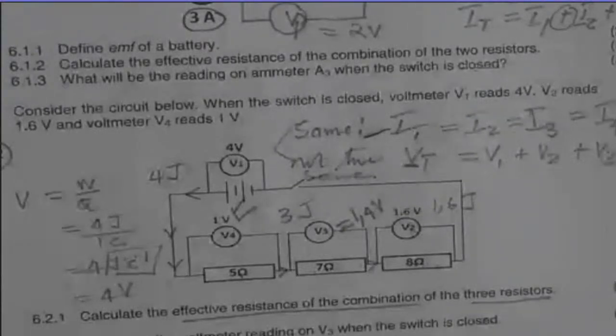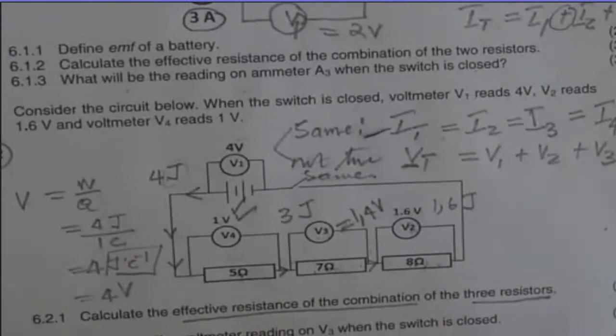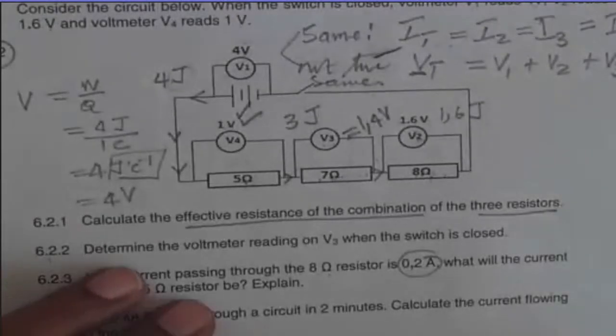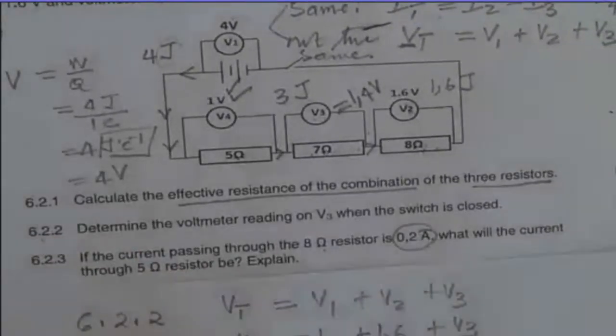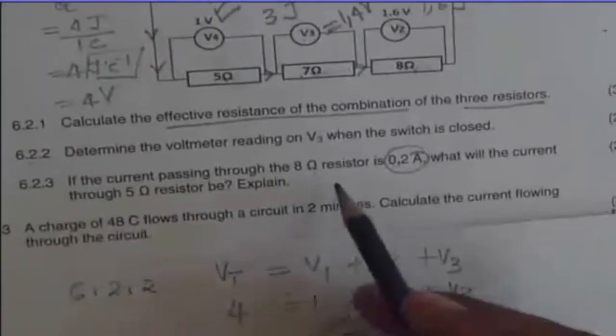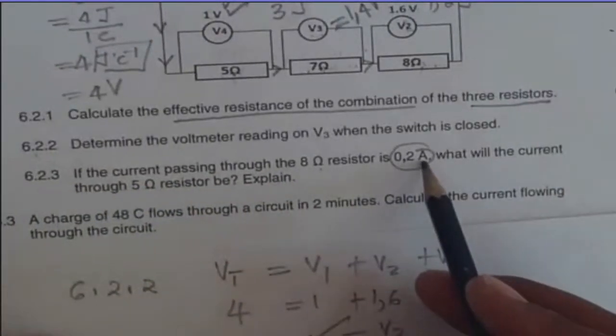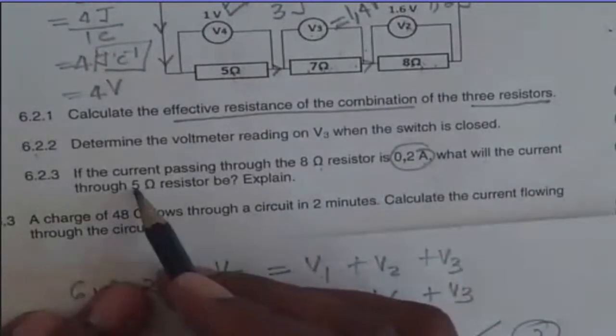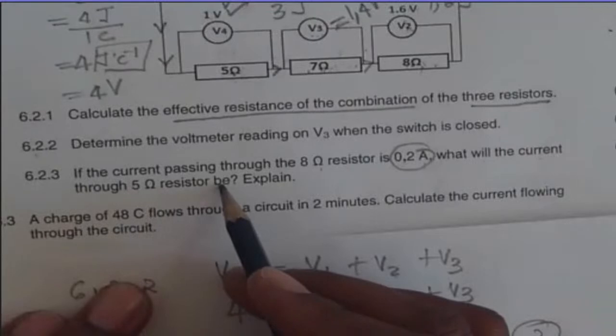Then 6.2.3: if the current passing through the 8 ohm resistor is 0.2 ampere, what will the current through the 5 ohm resistor be?